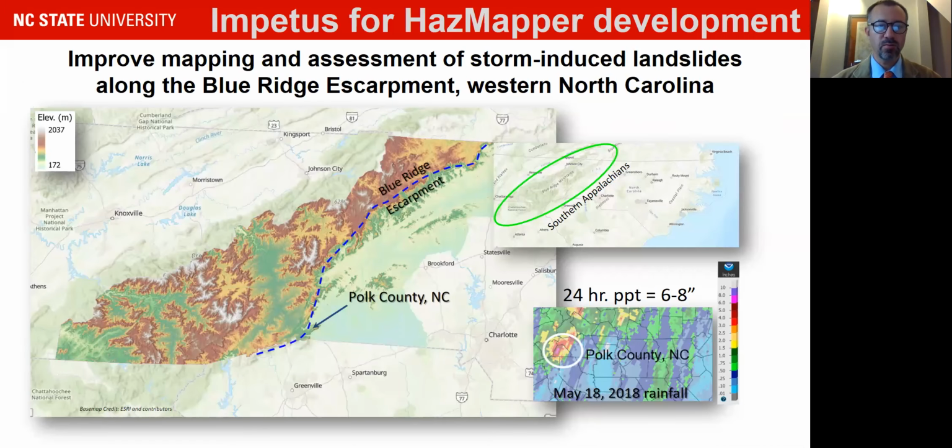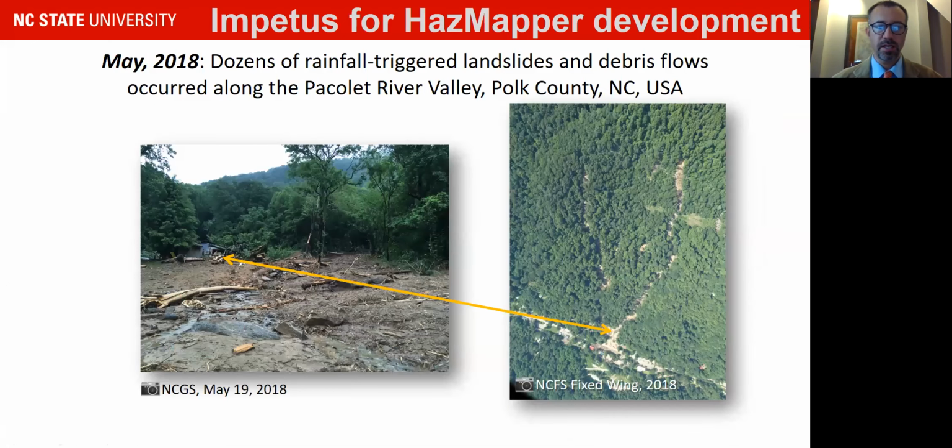It started out with our desire to improve mapping and assessment of storm-induced landslides along the Blue Ridge Escarpment of Western North Carolina. I'll highlight an event in May of 2018 when this portion of Western North Carolina received heavy precipitation that caused dozens of rainfall-triggered landslides and debris flows off the Blue Ridge Escarpment, in this case along the margins of the valley walls of the Pacolet River.